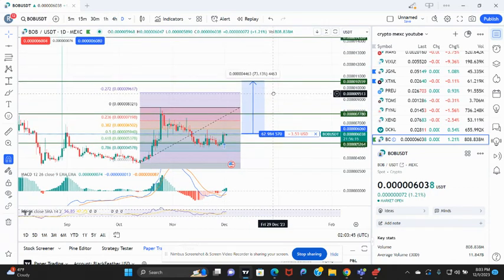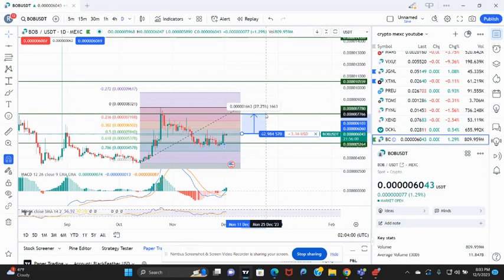And like I said, these resistance and support levels could also be your price targets. So in my case, that could be a price target right there. When I'm up 27%, I'll sell some. Then when it gets to that next level, 73%, I could sell another portion of my position.